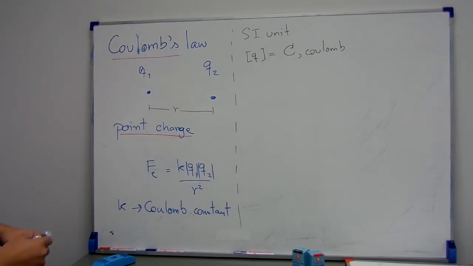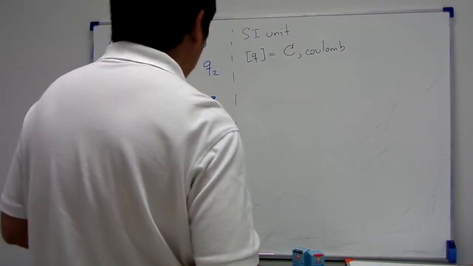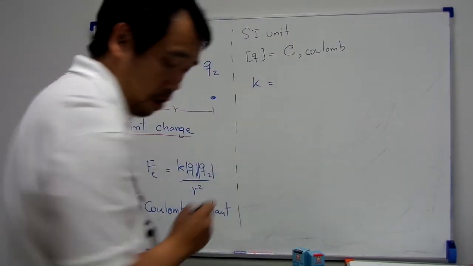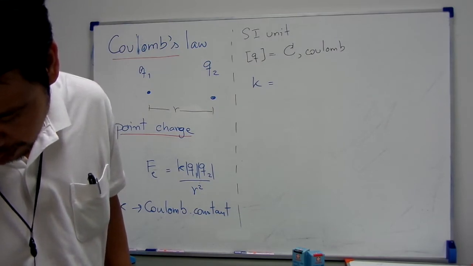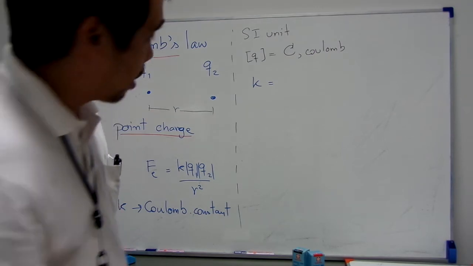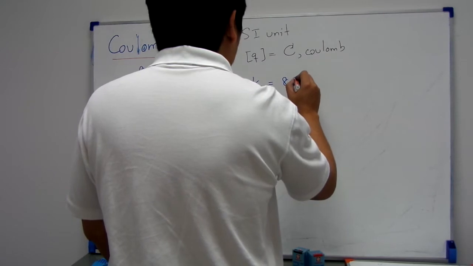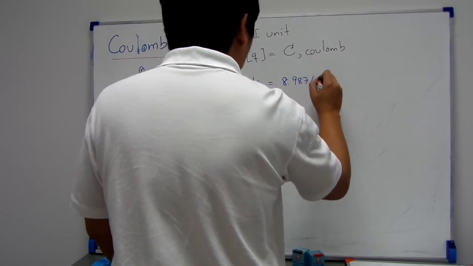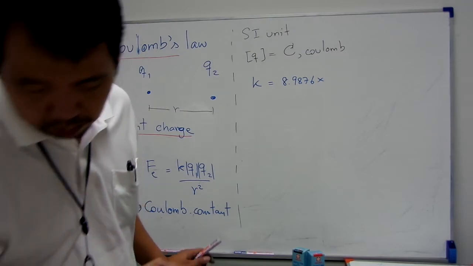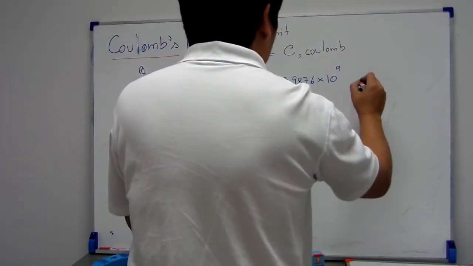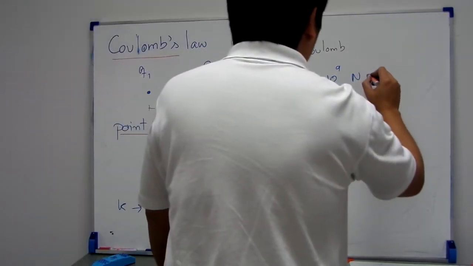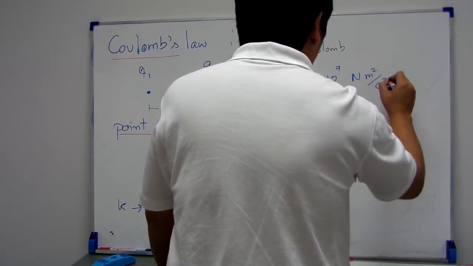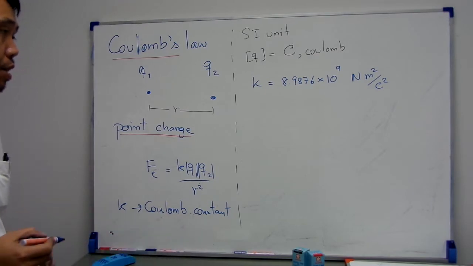In SI units, the Coulomb constant K is about 8.9876 times 10 to the 9, with the unit of Newton meter squared per coulomb squared. So this is the value of the Coulomb constant.